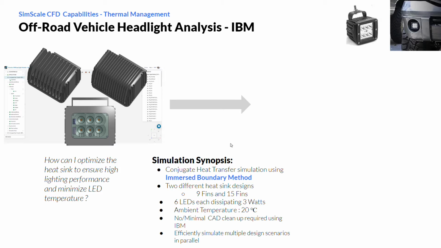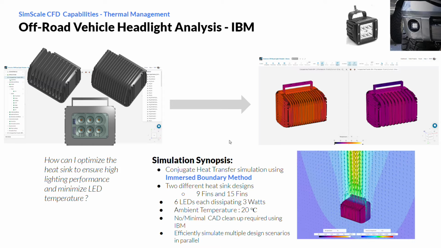And benefiting from the cloud aspect of SimScale, we can of course run multiple design variations in parallel at the same time, and I will demonstrate that later. Essentially, this will lead us to understand how these two different designs operate and what sort of outcomes we can get from it.